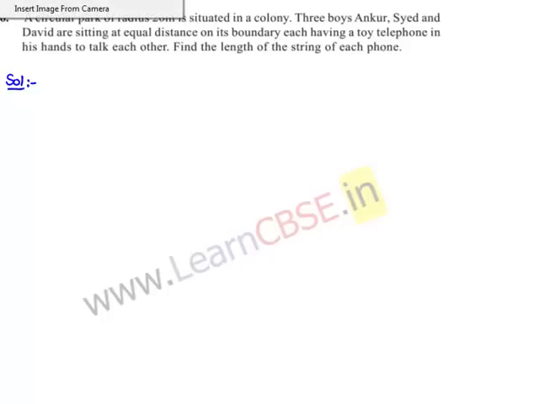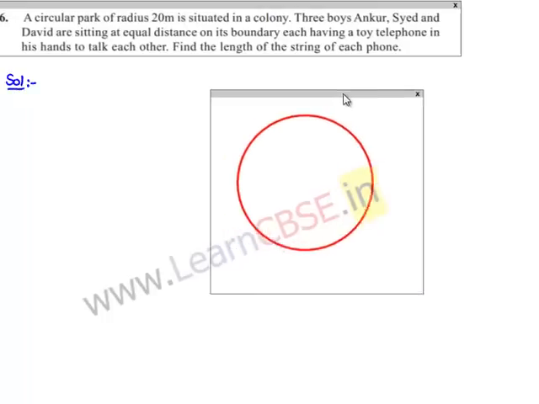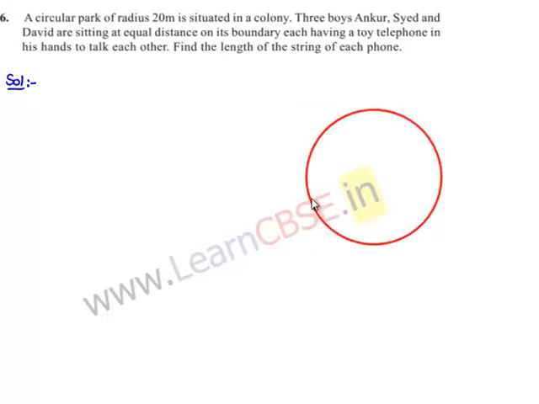Let us consider a circular park as shown in the figure. Let us assume that boy Ankur is represented by A on the circle, boy Syed is represented on the other side of the circle, and boy David is represented by D on the circle, standing at equal distance on the boundary of the circular park.